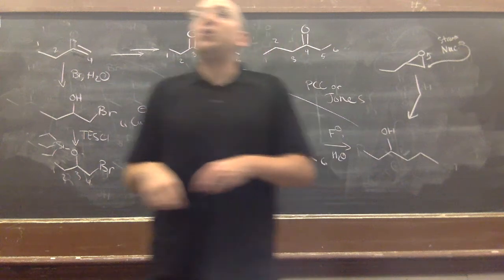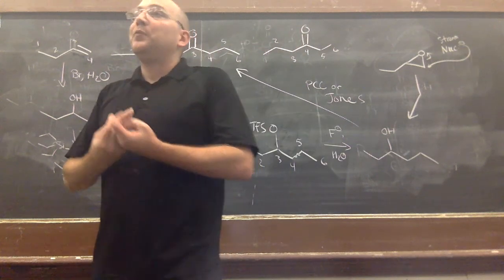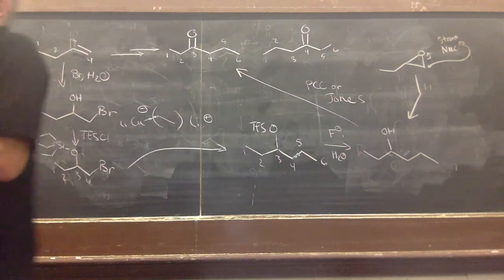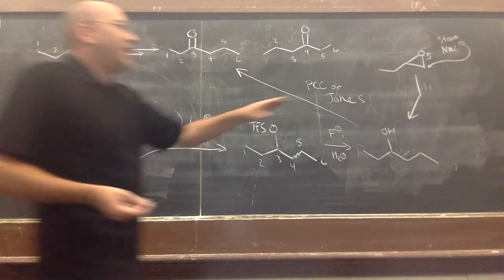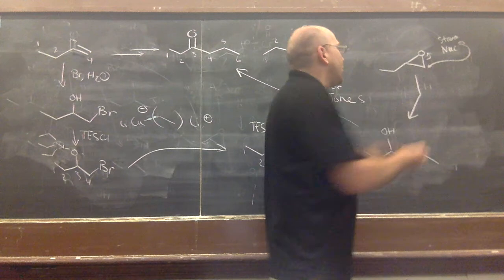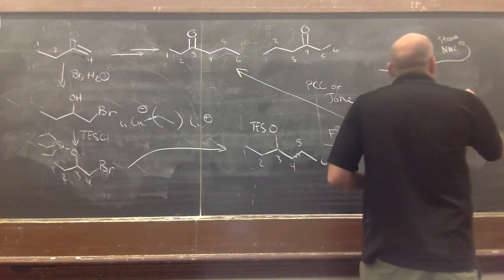Okay? The way in which you go the electronic route is you have a weaker nucleophile, but you do it in such a way where you're actually activating. So this is sort of the more negatively charged driven sequence.